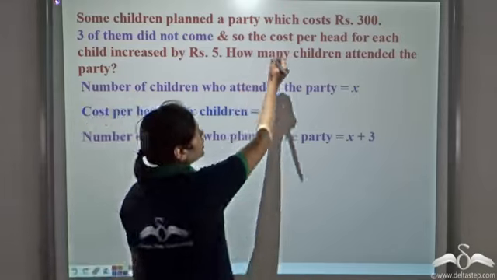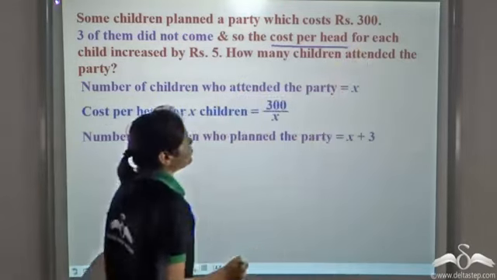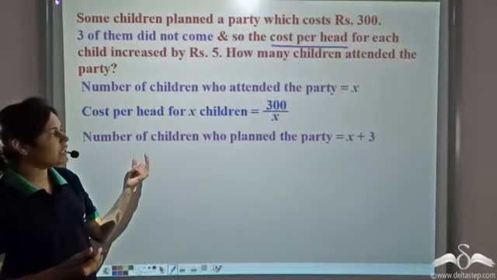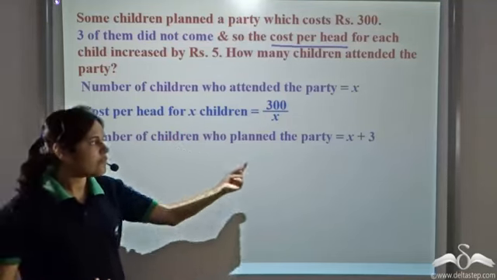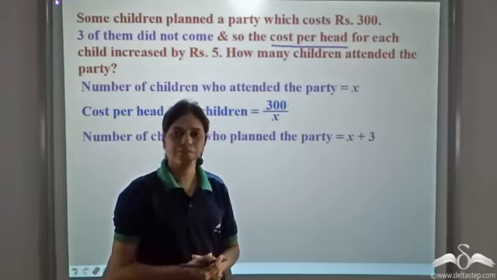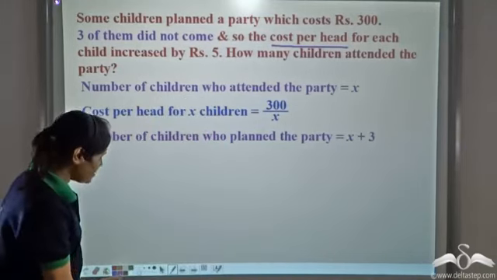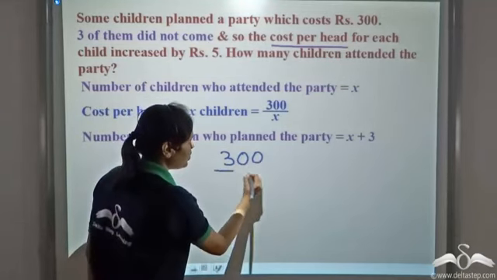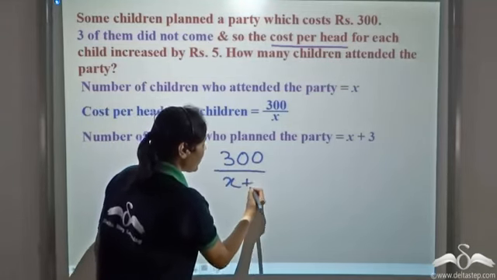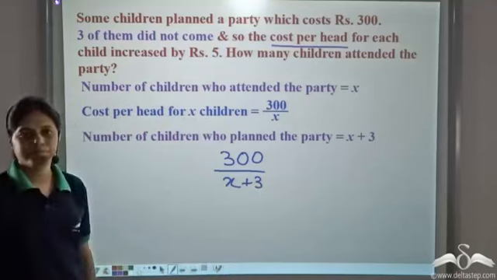And so the cost per head. Again, we need to find the cost per head for the party for x plus 3 children. For x plus 3 children, the cost per head will be 300 divided by x plus 3.